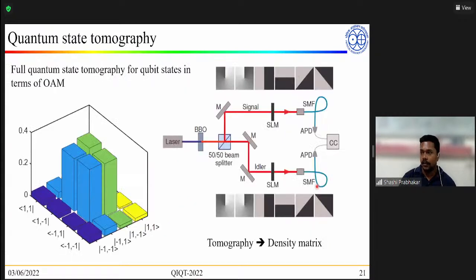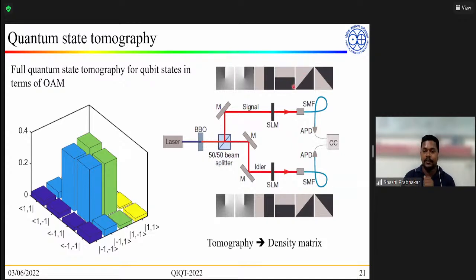And then I put on the SLM. This is how we do the quantum state tomography. So on these two spatial light modulators, we scanned through all the modes, like these are the +1, -1, superposition of +1, -1. So you can say as if these correspond to horizontal, vertical, this corresponds to diagonal and anti-diagonal, this corresponds to left circular and right circular.